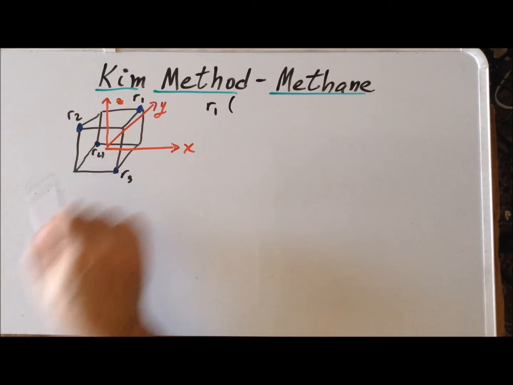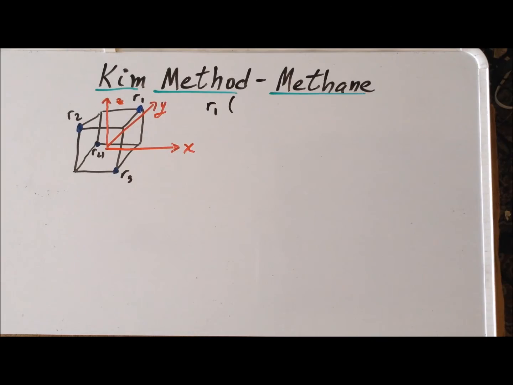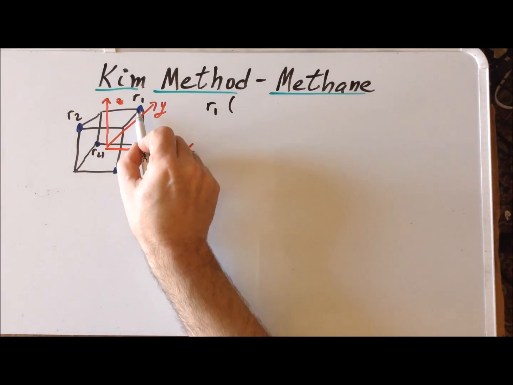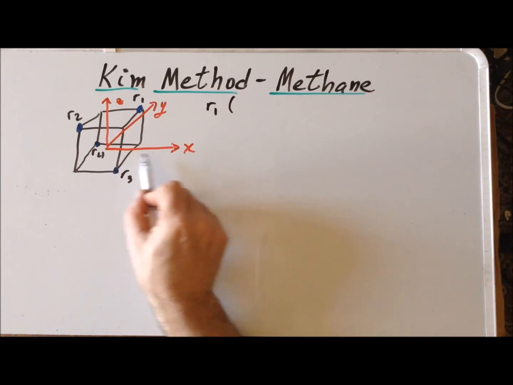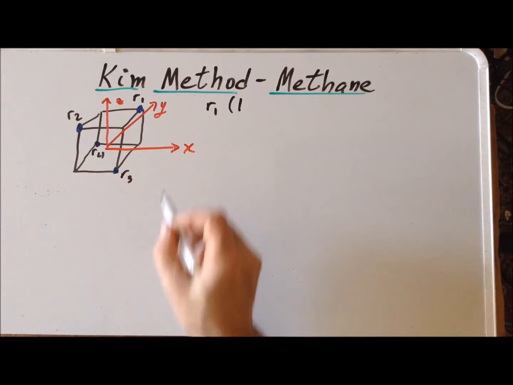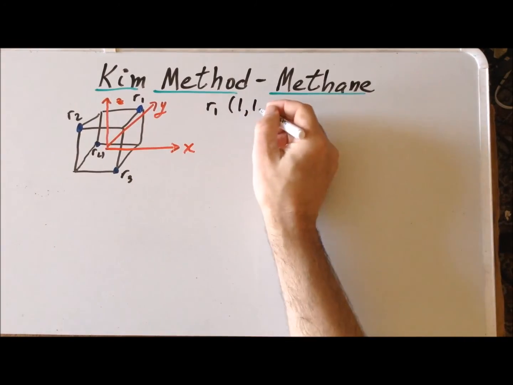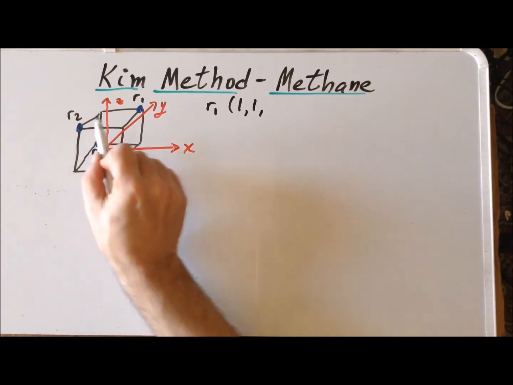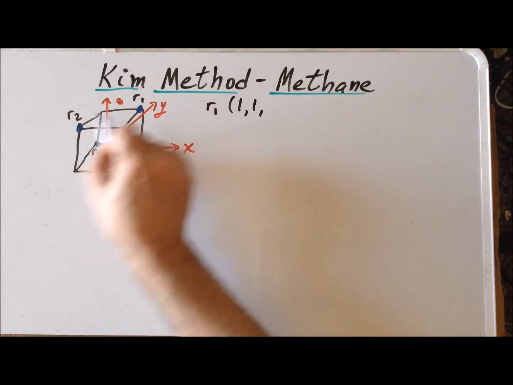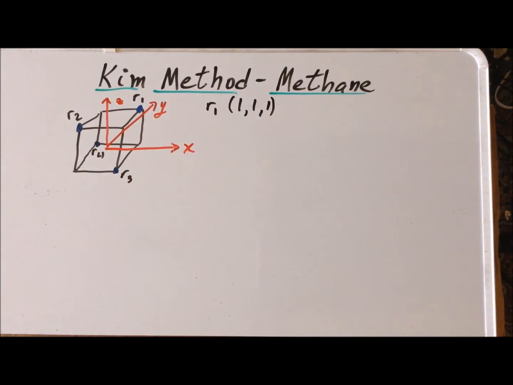We conveniently set up our cube so that the edge length is a value of 2. If that is true, then the coordinates of R1, it is 1 unit in the x direction, so the x coordinate is going to be 1. The y coordinate is going to be 1. And then we go up 1 unit in the z direction to get to the top face. So that tells us the z coordinate is also 1. So the coordinates of R1 are going to be 1, 1, 1.